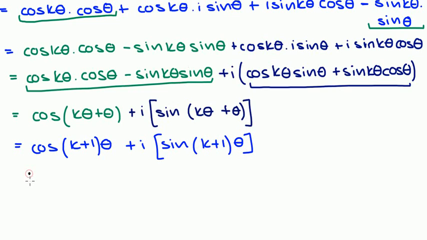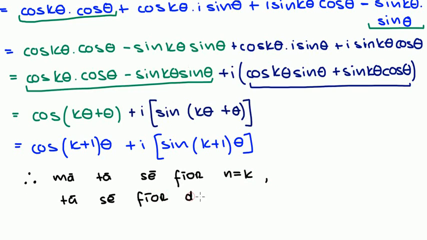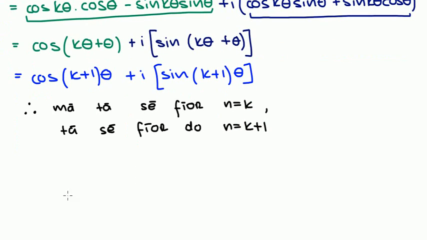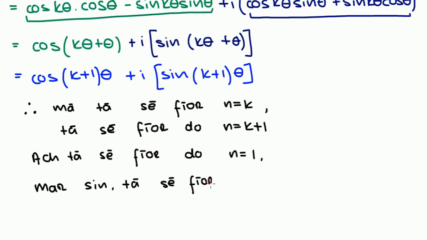Now all we have to do is sum up at the end. If it's true for n is equal to k, which we assumed, then it's true for n is equal to k plus 1. But it's true for n is equal to 1, so it's true for n is equal to 1 plus 1, which is equal to 2.